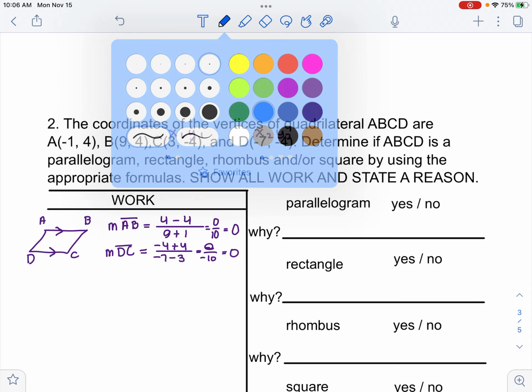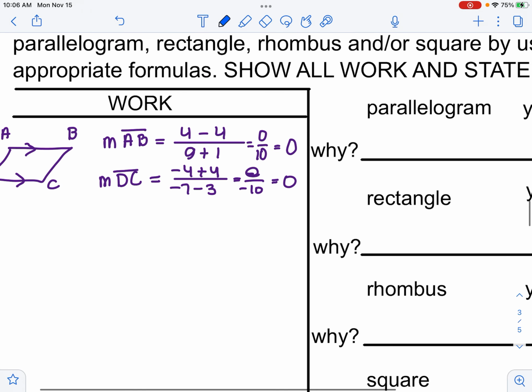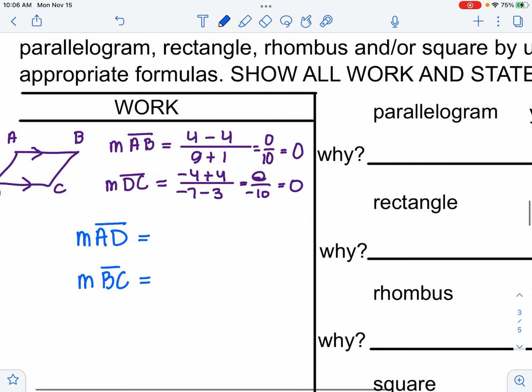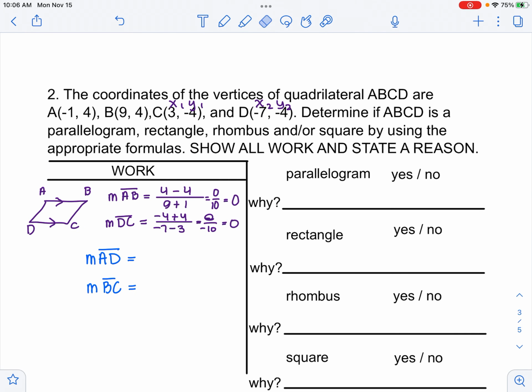All right, now let's see if AD and BC are parallel. So now we're going to do the slope of AD and the slope of BC. All right, AD, let's see what the slope is.